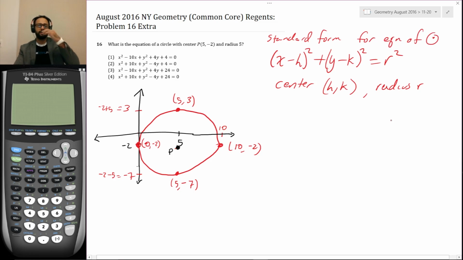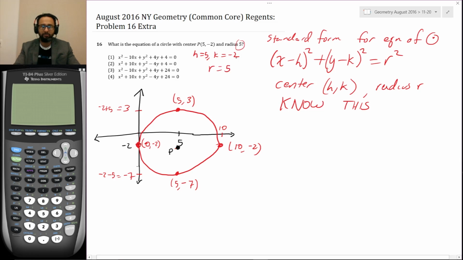I want you to know that. It's a useful tool in geometry, algebra 2, even in calculus. So not only know the center 5, negative 2, so h equals 5, k equals negative 2, and r equals 5. So then we plug these numbers in.